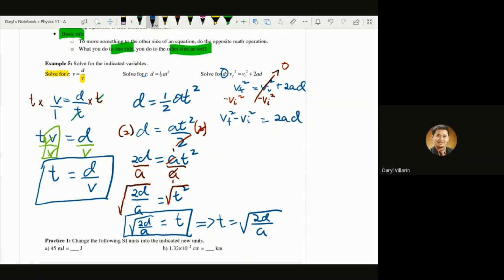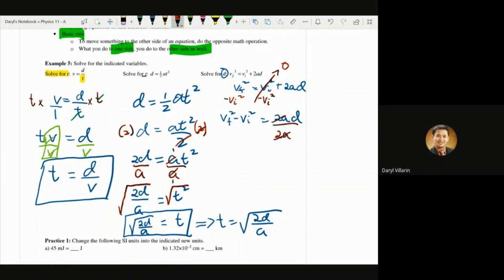So now, again, I should always start with the different term. Now I get rid of my Vi squared. I need to get rid of my 2a because again, I only want the value of d. Again, I'm solving for d. So to get rid of 2a here, I'll just divide this by 2a. Again, why would I do that?